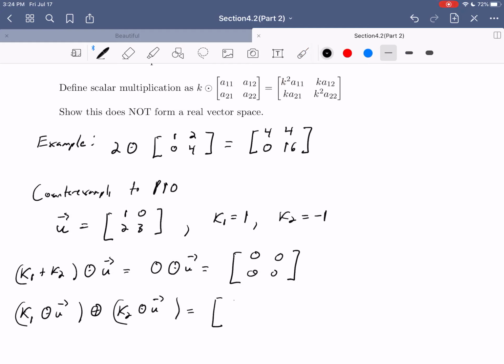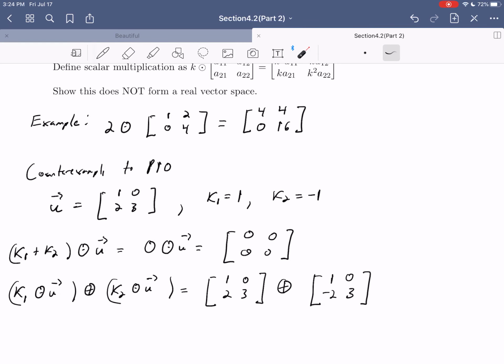So I'm going to get 1, 0, 2, 3. And then I'll have to do my vector addition with K2 times U. Now K2 is -1, so on the diagonal, I'm going to multiply by 1. So it looks like I will get 1 and 3. But on the anti-diagonal, or everything else, I'm going to multiply by -1. So it looks like I'll get 0 and -2.